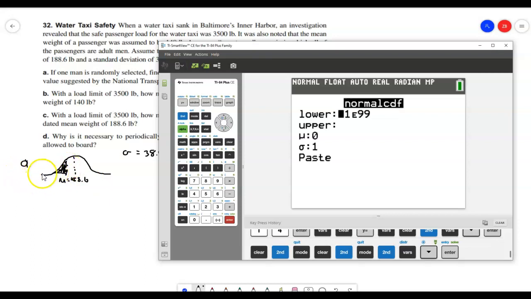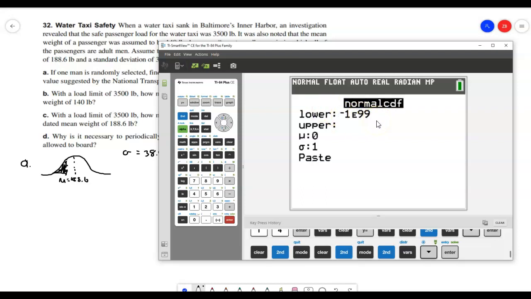This whole left tail is shaded, so it starts at negative infinity basically. But for this purpose, I just start with a really small negative number. It could be negative 10,000, negative 500. It doesn't really matter. This is negative 1 with the decimal moved 99 places. That's what negative E99 means.